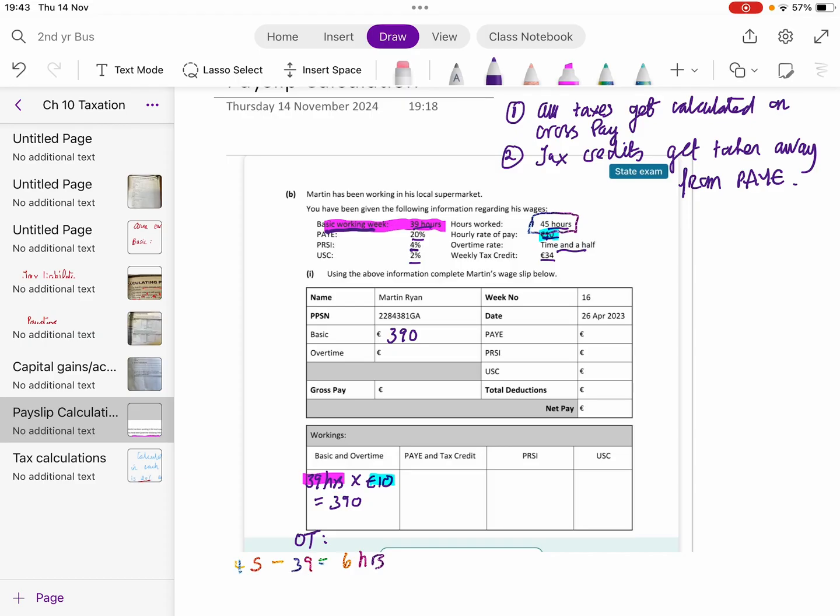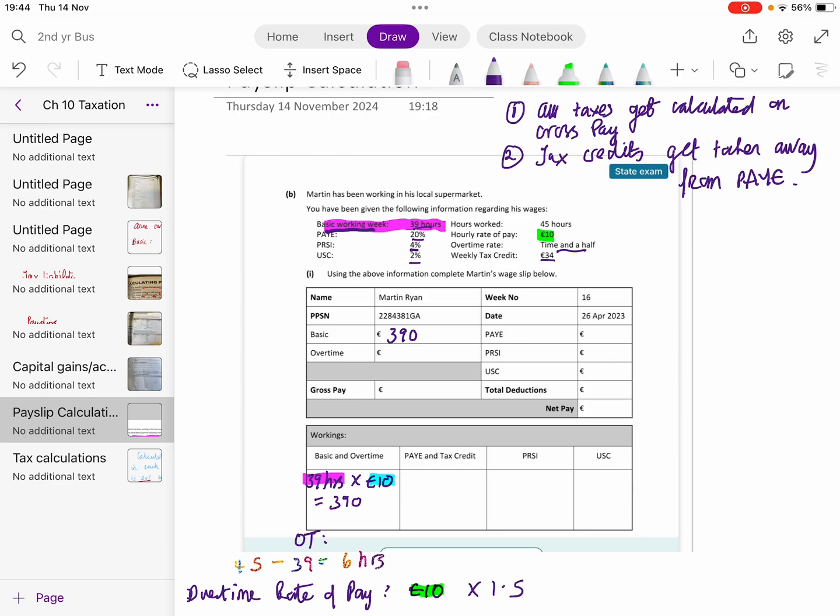So now that I have my overtime hours, I need to figure out what my overtime rate of pay is. So if you remember, we always say that my overtime rate of pay is time and a half. I multiply my normal hourly rate, my €10 here, by 1.5.